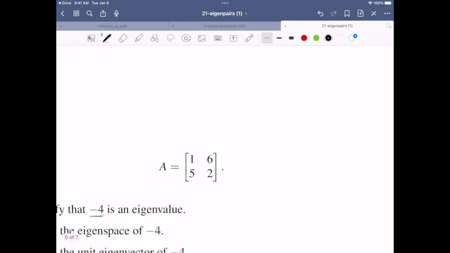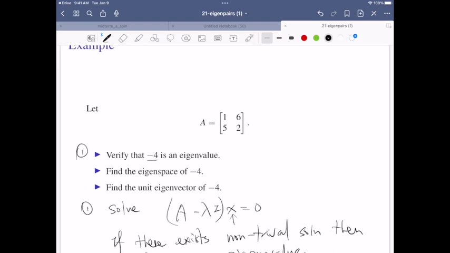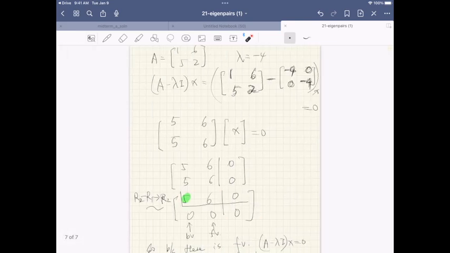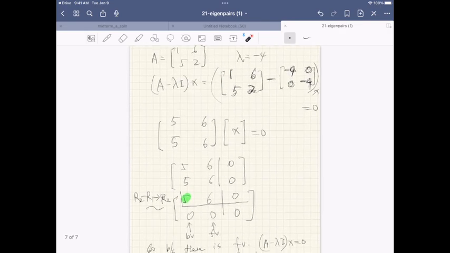Now the second question. Now we know negative 4 is an eigenvalue. We confirmed it. Now find the eigenspace of negative 4. This is basically the same thing: you want to solve (A minus lambda I) x equals 0. In other words, we want to solve this augmented matrix and write it in PVF, parametric vector form.